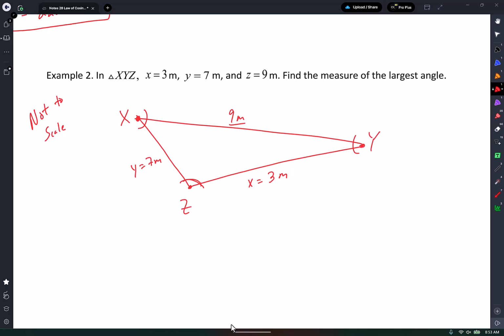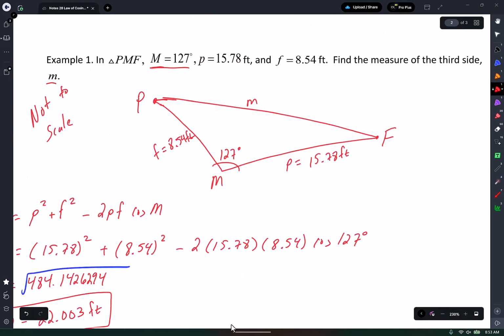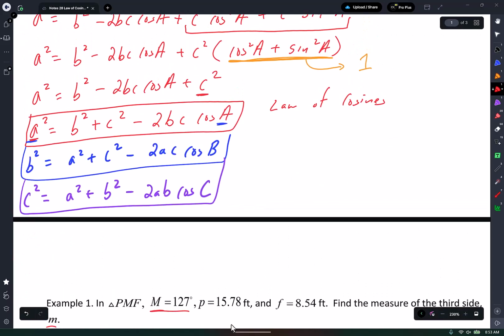Yes. All right. So when I use my law of cosines, because I'm looking for angle Z, I'm going to put Z on the outside, or the left-hand side of that equation. Does that make sense?